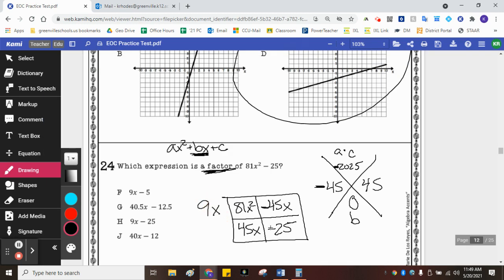So 9x, because they both have an x. 9x times 9x gives you 81x squared. 9 times what gives me 45? 5. 9 times 5 gives me 45. That has an x, so that'd be good. And this is basically the same thing again. 9 times what gives me negative 45? Negative 5. So we have 9x plus 5 and 9x minus 5. So it's F.